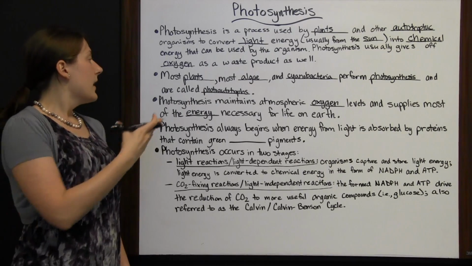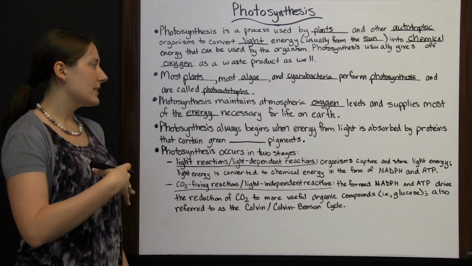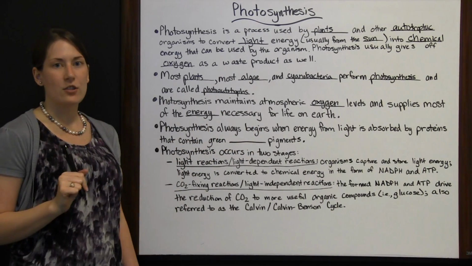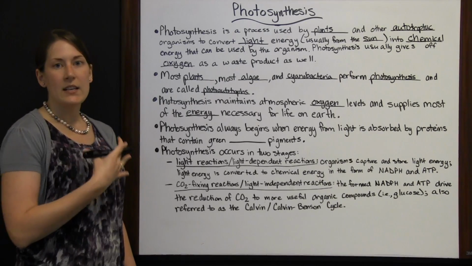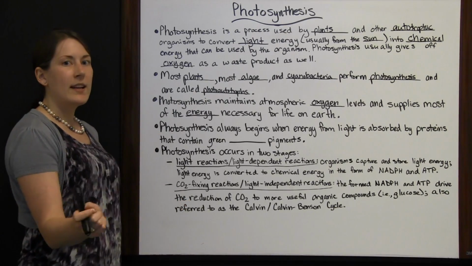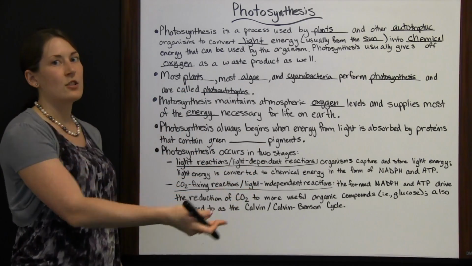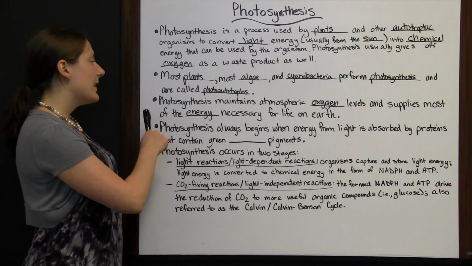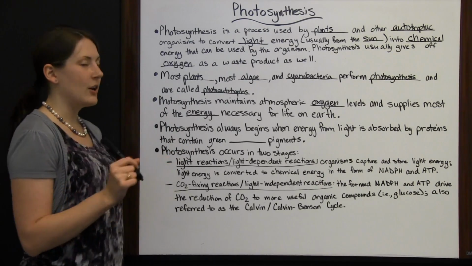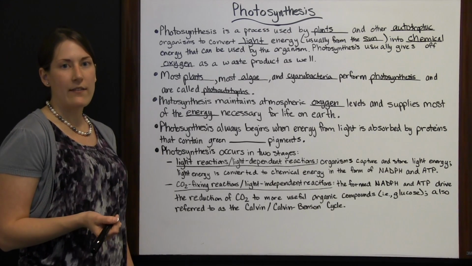So, as these autotrophic organisms take in carbon dioxide, they let out oxygen and help maintain the atmospheric oxygen levels, because people and other organisms exhale carbon dioxide, and the plants or other autotrophs take that carbon dioxide in and turn it back into oxygen, which we breathe. So if we didn't have photosynthesis, we'd be running low on oxygen. And so photosynthesis helps maintain our oxygen levels. It also supplies most of the energy necessary for life on Earth.